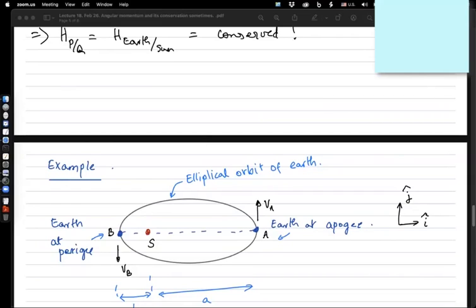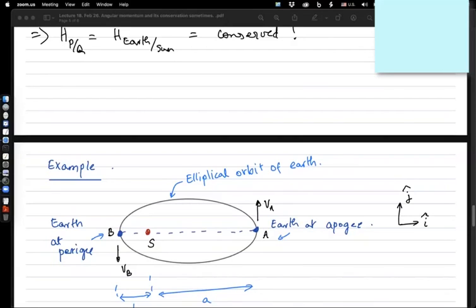In other words, the velocity of the Earth is going to be perpendicular to the line joining Earth and the sun, because it's going to be tangent to the ellipse, and the tangent here is going to be perpendicular to this line joining SA, okay? So that's VA, and then at its closest approach, let's call that speed VB.